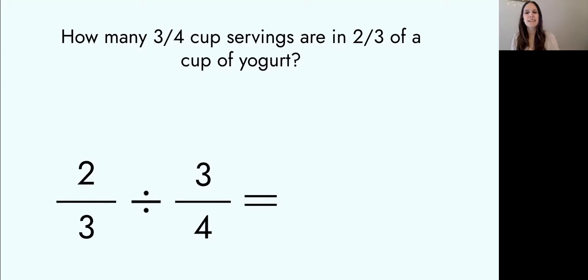Sometimes I think it's great in math to understand the steps that you can do just to quickly find the answer to a problem. But it's also really wonderful when that can be balanced with really understanding what it means and what it looks like. So what I'm going to do is stop sharing my screen for the moment. Perfect. And we are going to pretend like we're serving some yogurt. We're going to break this down.